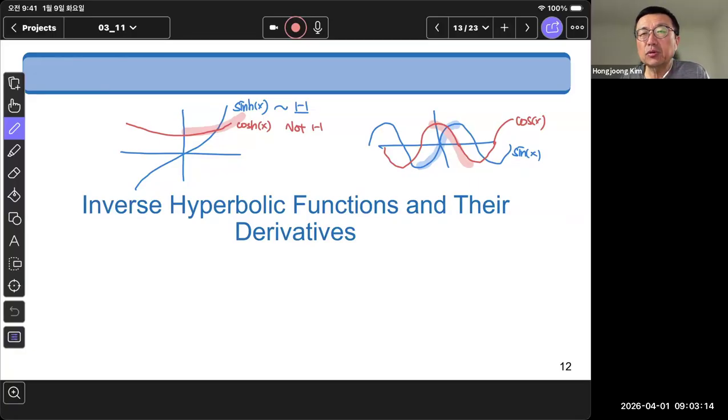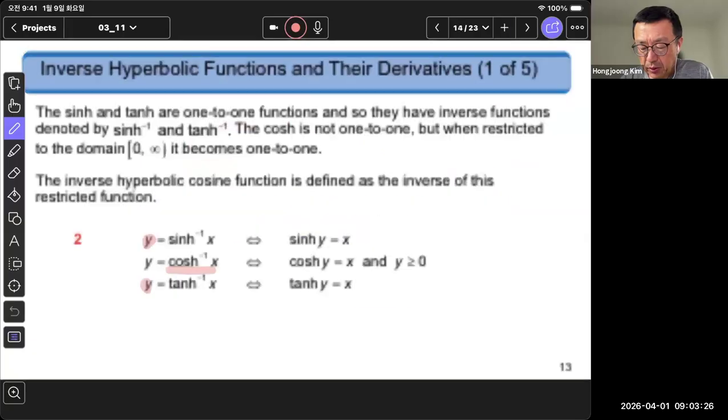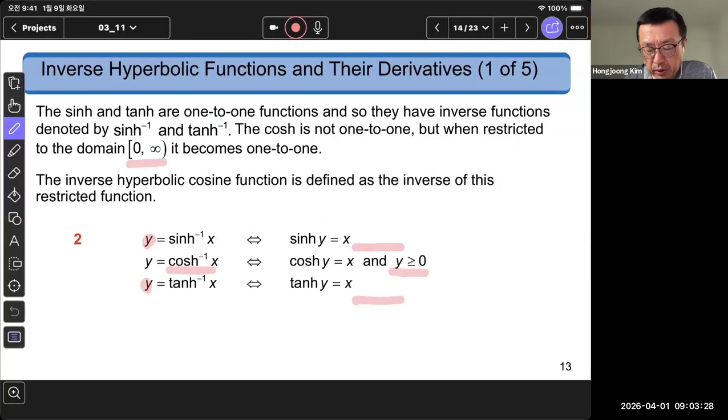So we had to take just one half of the domain so that the hyperbolic cosine on this restricted interval becomes a one-to-one function. In other words, we can consider the inverse of hyperbolic sine or hyperbolic tangent without any restriction. But in the case of hyperbolic cosine, we need to restrict the domain to non-negative values so that the function becomes one-to-one. In that case, we can think of the inverse function.